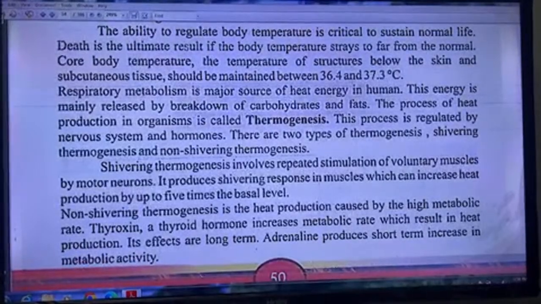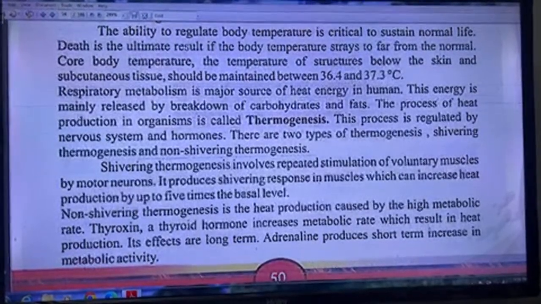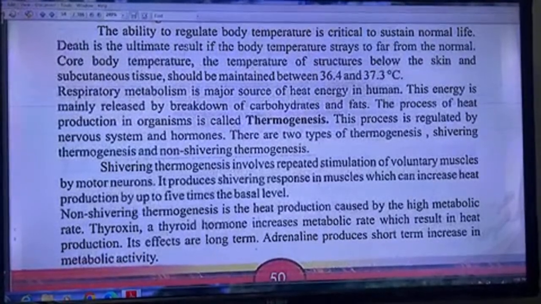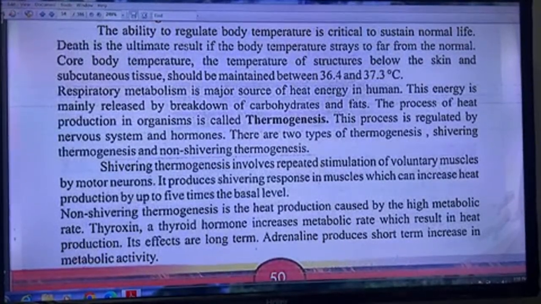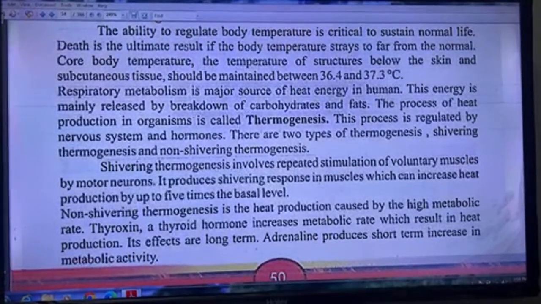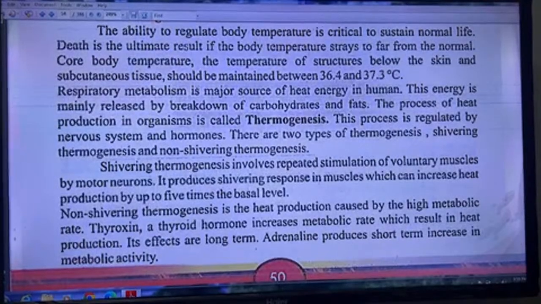Non-shivering thermogenesis is the heat production caused by a high metabolic state due to thyroxine. The thyroxine hormone increases metabolic rate, which results in heat production. Its effects are long-term. Adrenaline produces a short-term increase in metabolic activity.